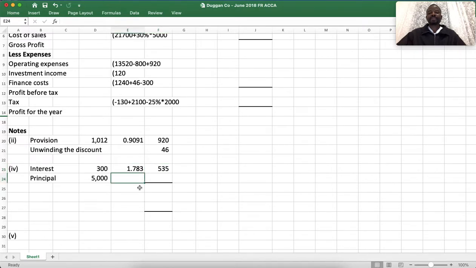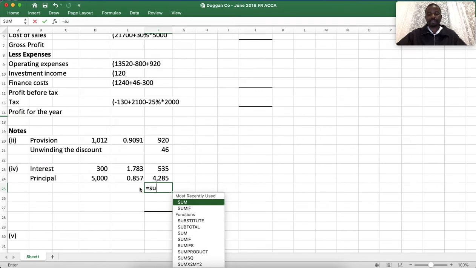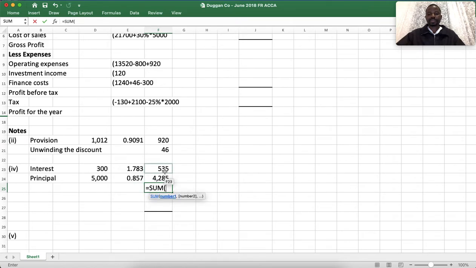Then again, here we will use the discount factor for year 2 as the principal will be paid in year 2. We get that, then we sum. Summing this will give us the opening liability.